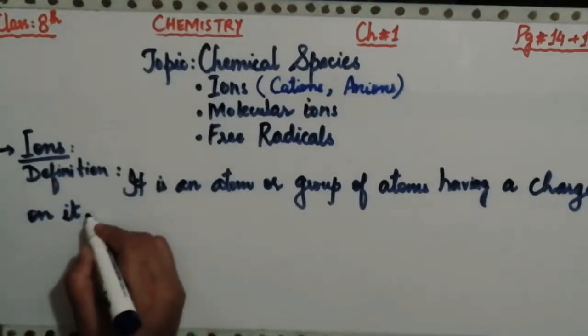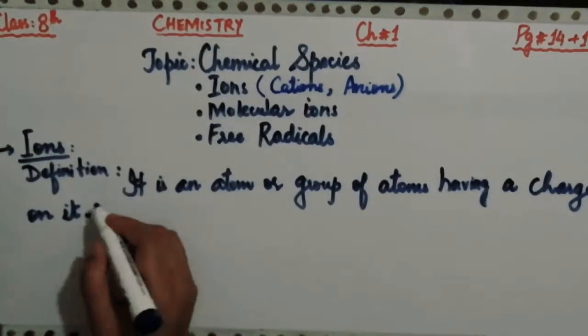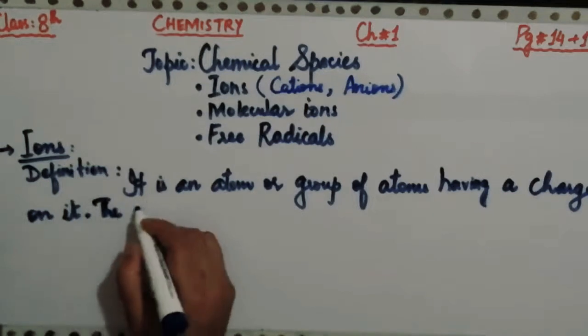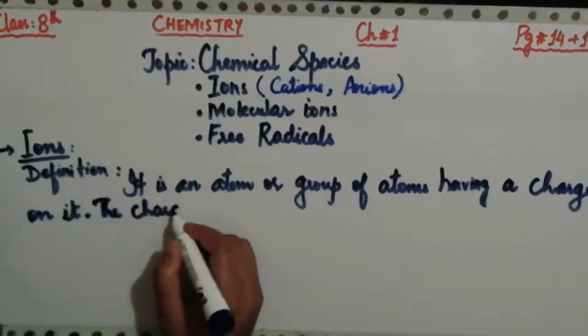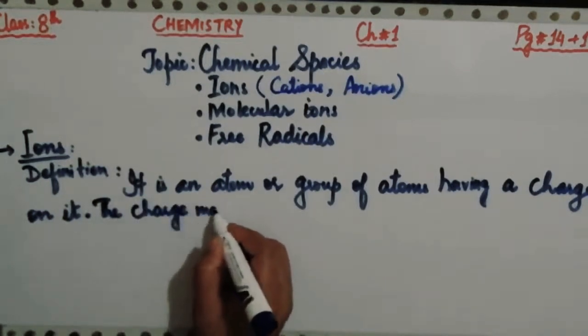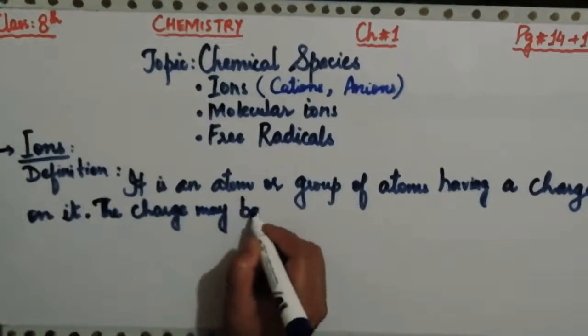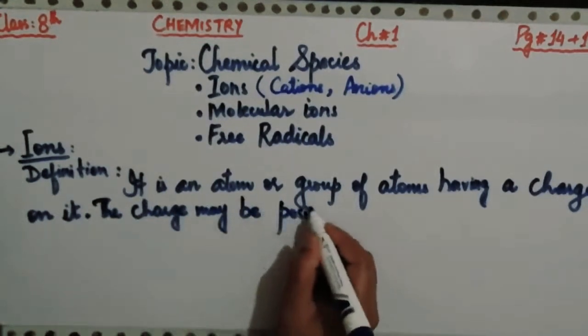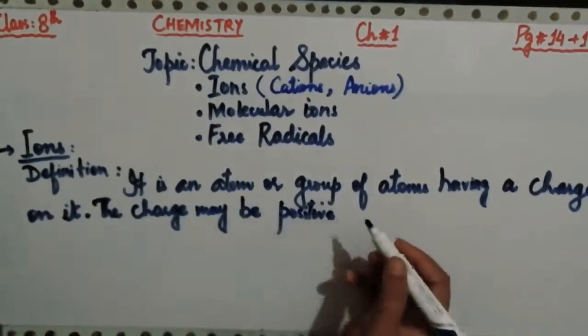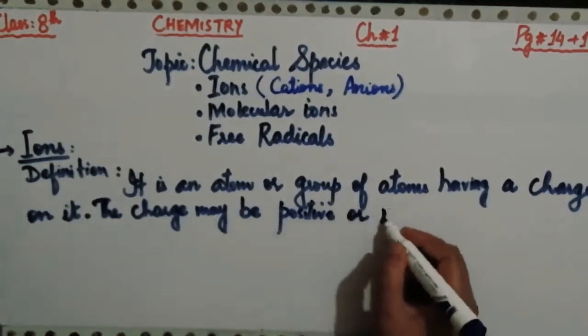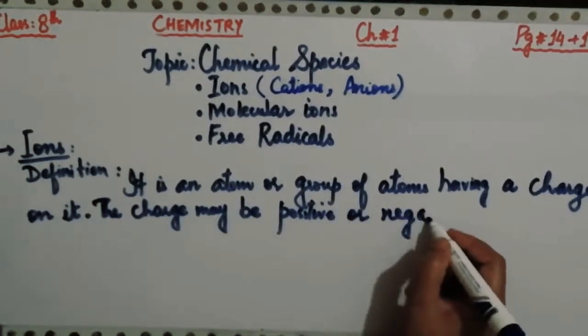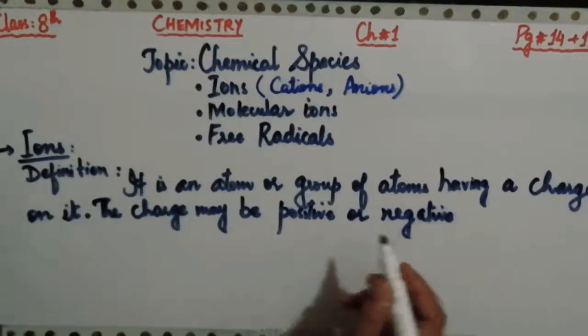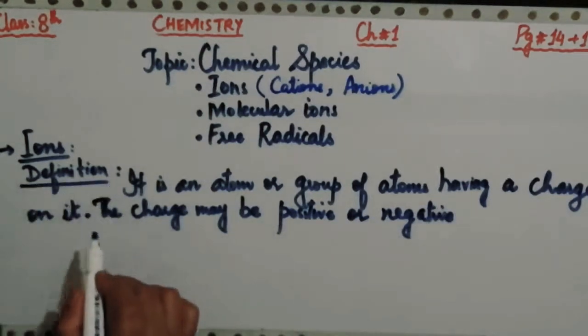Either the charge is present in the form of positive or negative. So the charge may be positive or it may be negative. So this is the definition of ions.